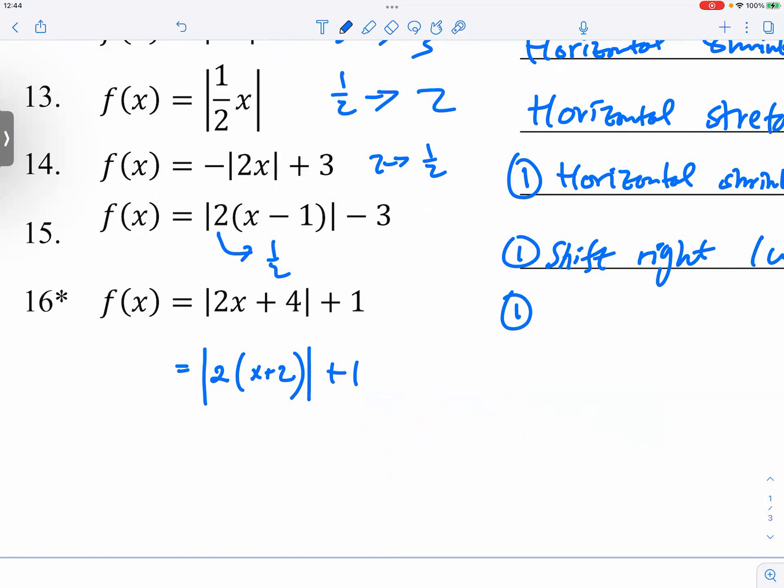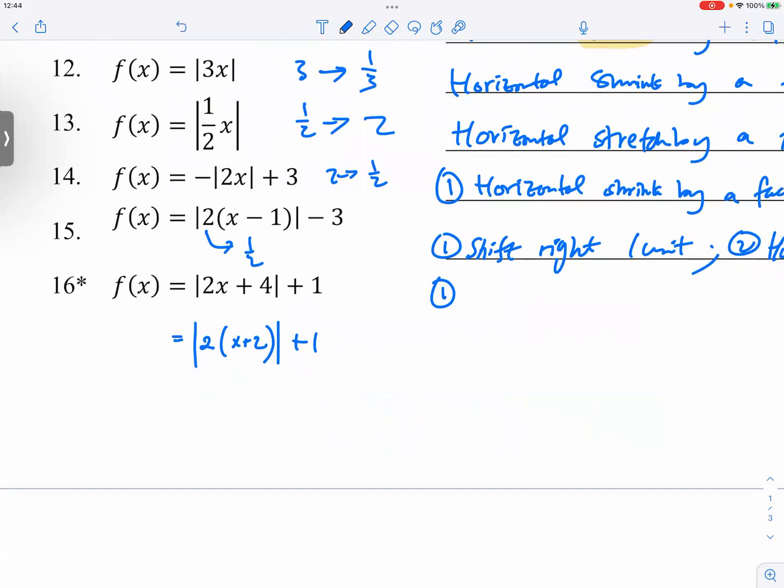And now you can go ahead and write down your transformations. I forgot to put a line right here. So what do you do for number 1? First thing is to shift to the, not right, left for 2 units, because it's x plus 2.